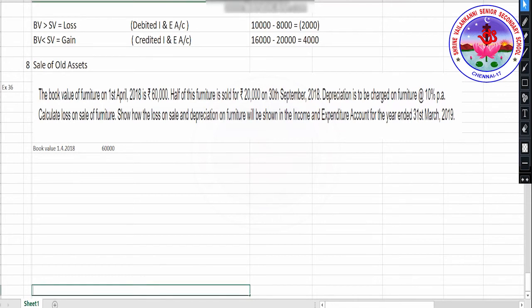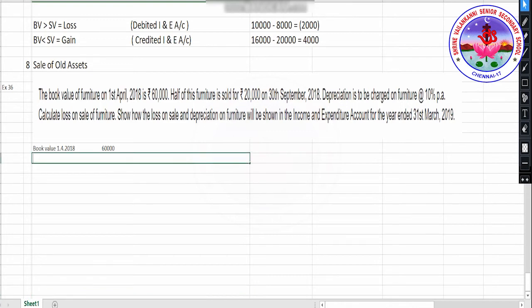Now half of the furniture is sold for 20,000. Half of this is 40,000, which is sold for 20,000 on 30th September 2018.